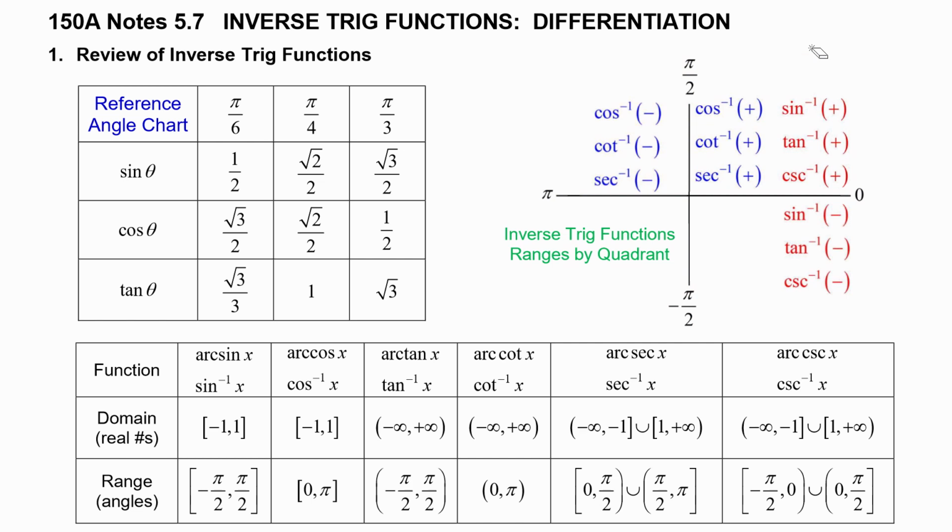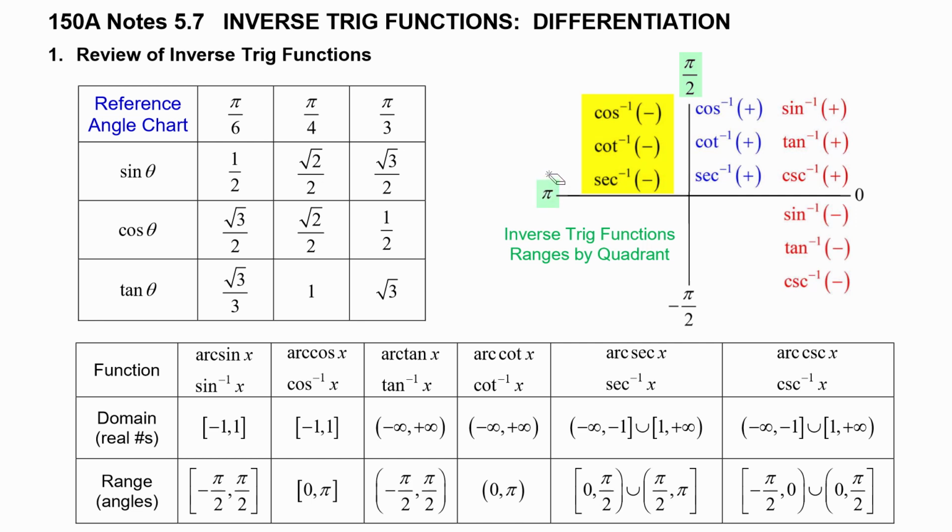Now, if you are taking the inverse trig function of any positive value, then you will give an answer in quadrant 1 that's between 0 and pi over 2. If you are taking the cosine inverse, cotangent inverse, or secant inverse of a negative value, then the answer that you give, in other words, the output, will be an angle between pi over 2 and pi.